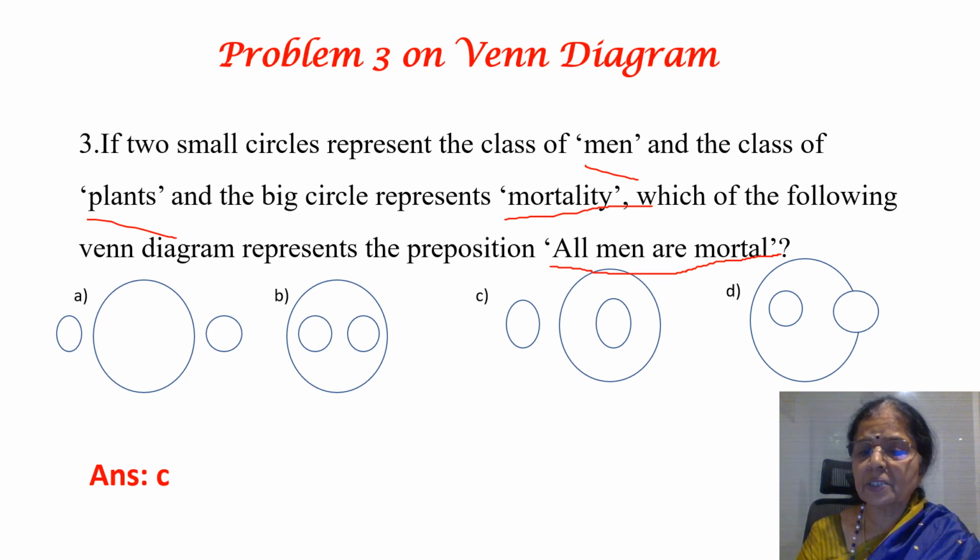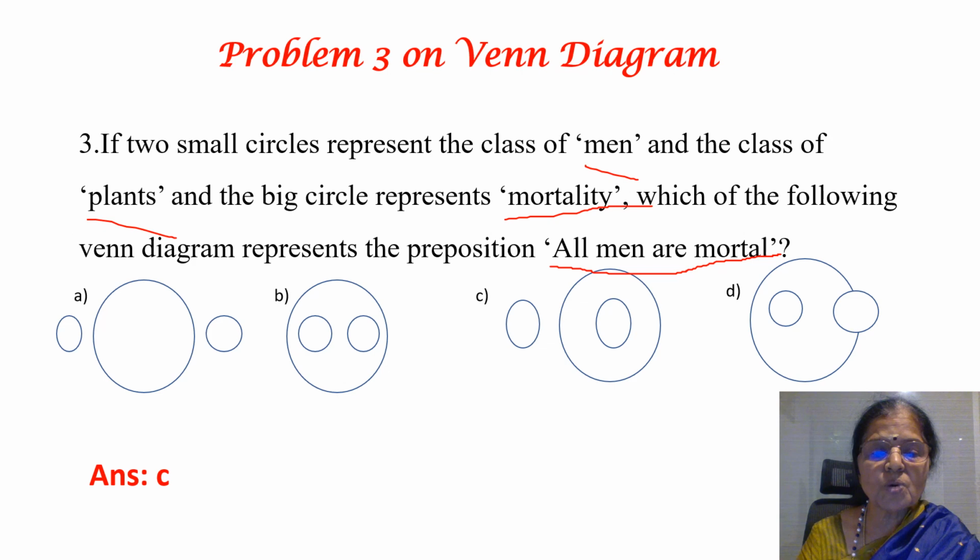We know that mortality refers to death. All men must die one day or other. All human beings have to die. So all men are mortal. Of course, plants also die, but they are not mentioned. So we should see only this proposition, all men are mortal.